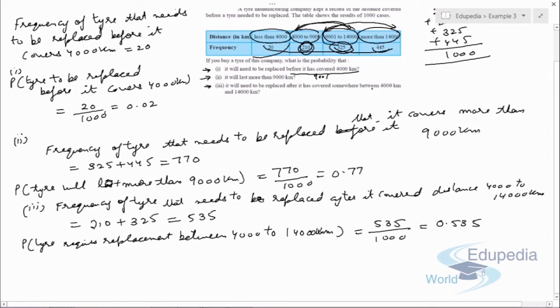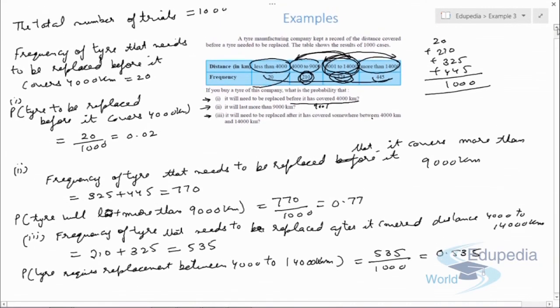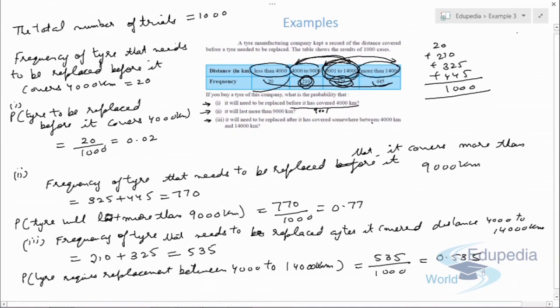If you can see properly, we are covering parts twice, so we cannot add all these three probabilities to check whether they are correct. You have to be very careful when you are adding the probabilities and checking whether we have done it correctly. You have to see what kind of probabilities we have found in the question.